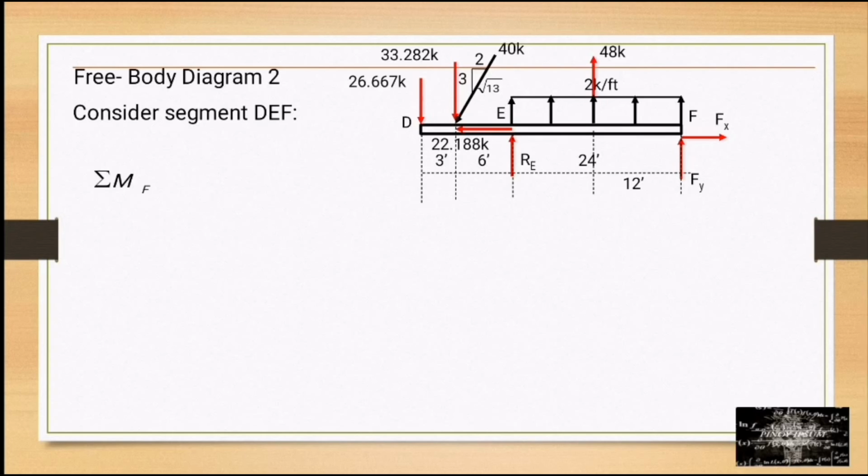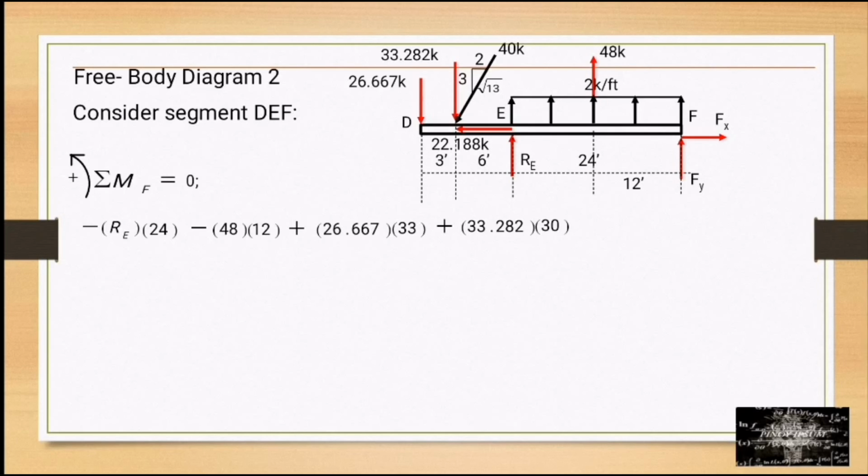So, using summation of moment at point F is equal to 0, masosolve natin yung RE. So, considering counterclockwise is positive, so minus RE times 24, yung moment arm from point F, minus 48 times 12 plus 26.667 times 33 plus 33.333 times 30 is equal to 0.